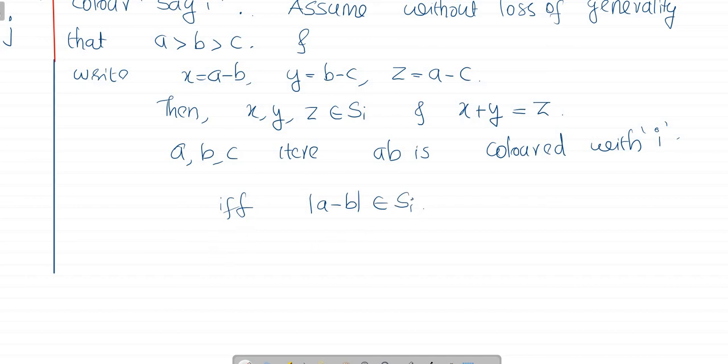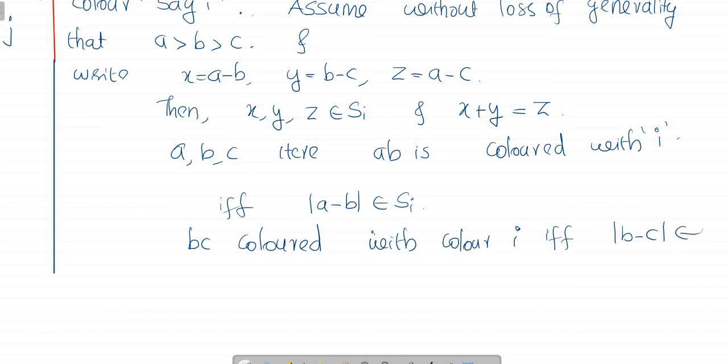Similarly, BC is colored with i if and only if B minus C belongs to Si, and likewise A minus C belongs to Si.